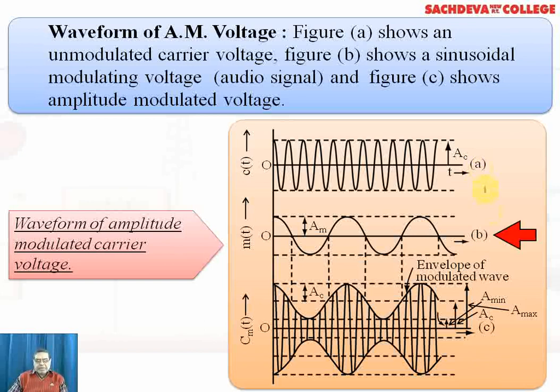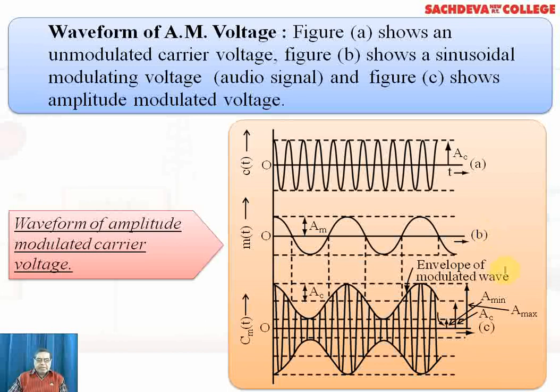Figure B is showing a sinusoidal modulating voltage. It means the signal is in the form of an AC curve, that is in the form of a sine curve. The general equation of the sine curve is y = a sin ωt, where ω is the angular frequency. And we find in figure C the amplitude modulated voltage, that is, the A and B signals are mixed together, and that is called amplitude modulated voltage.